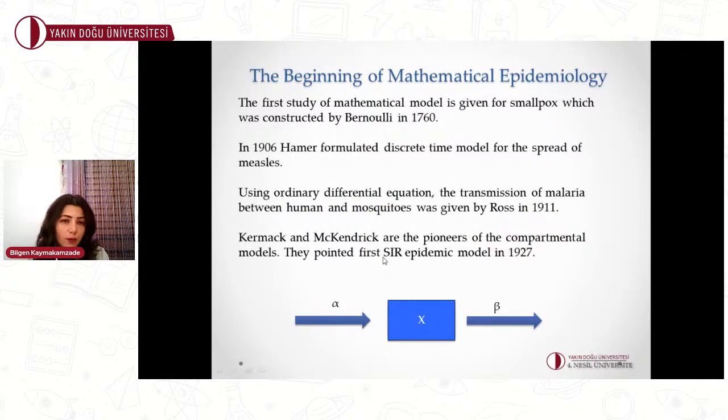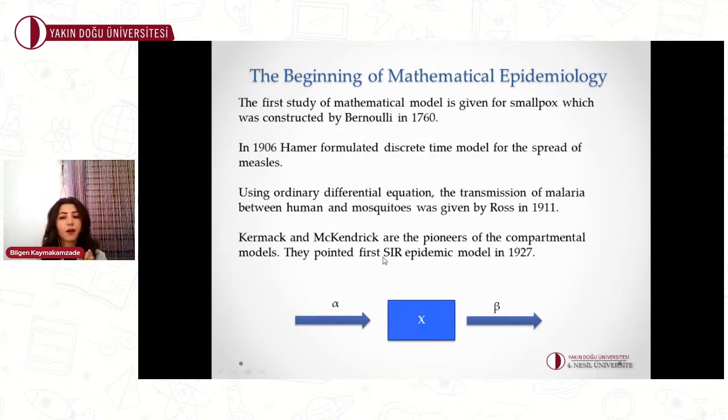I want to talk about the history of mathematical epidemiology. It started in 1766, and the first model was constructed by Bernoulli while studying smallpox. In 1906, Hamer formulated a discrete time model for measles.